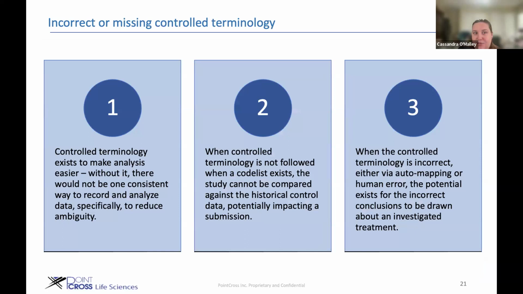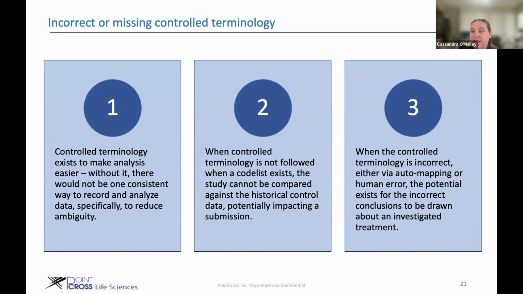And then what is, I think, the biggest issue is incorrect or missing controlled terminology. Controlled terminology exists to make analysis easier. Without it, there is no consistent way to record and analyze the data that is being collected.